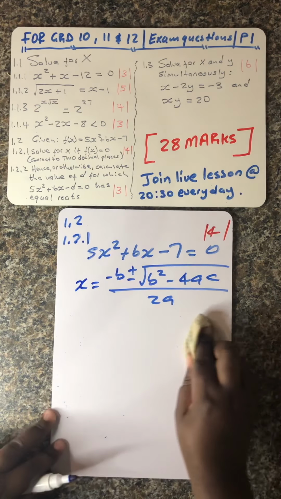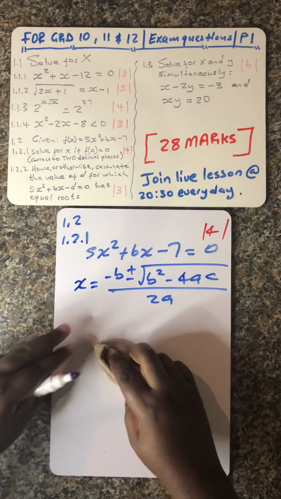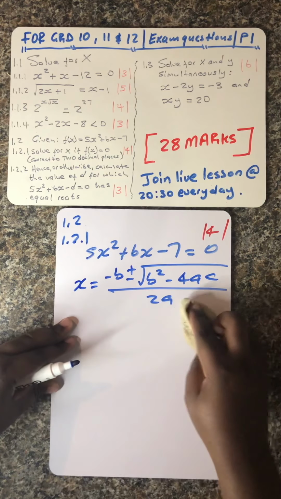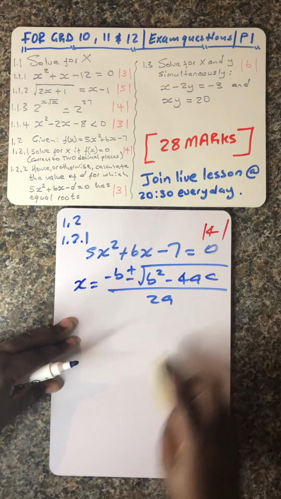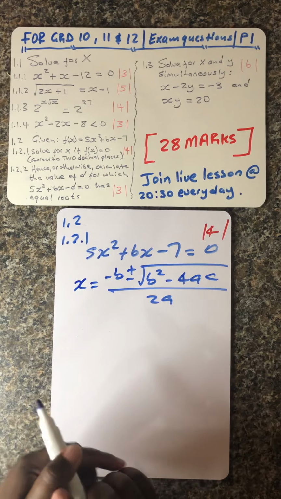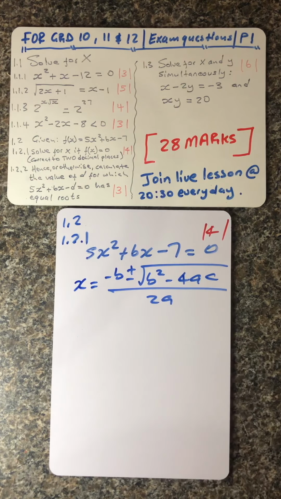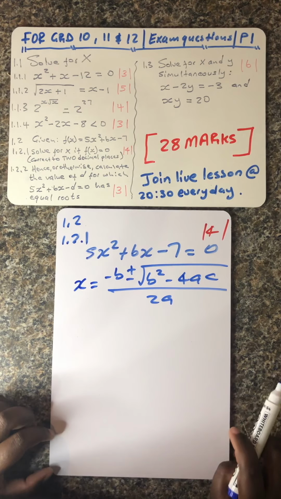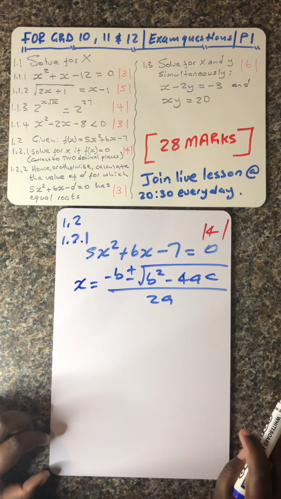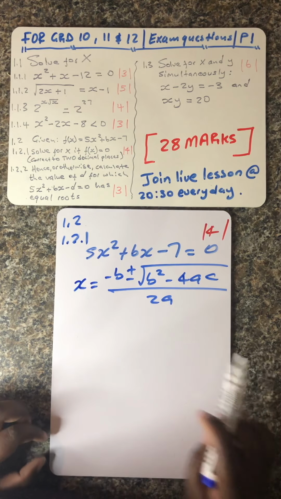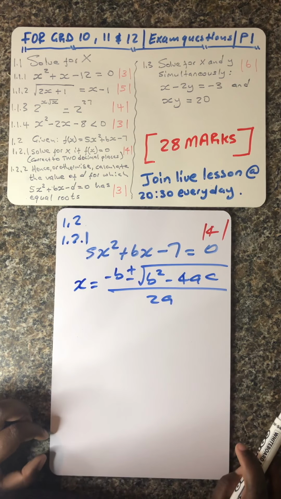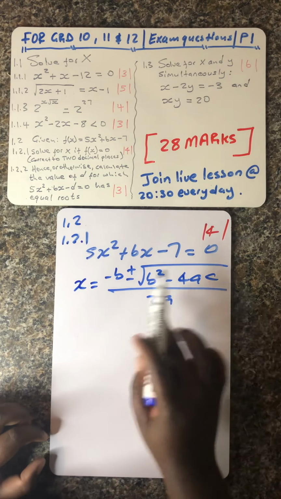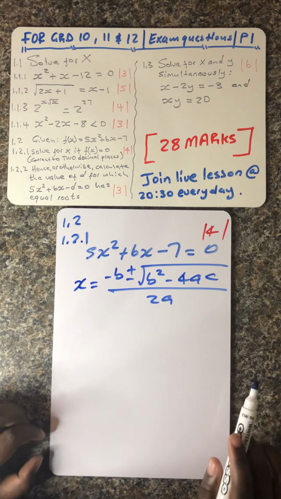So I've never wasted time in grade 10, 11 and 12 providing the factors. I've always given the correct factors because I knew this formula by heart. I already knew how to use this formula. I learned it by myself. I think they normally teach this formula in grade 11. So when I got to grade 11, I already knew how to use this formula, so I wasn't struggling.